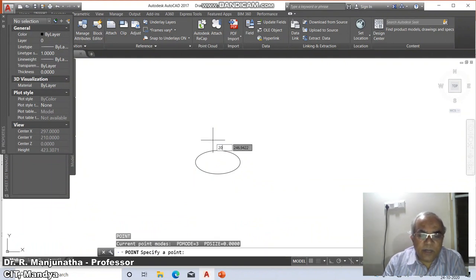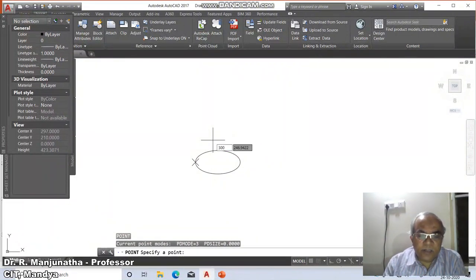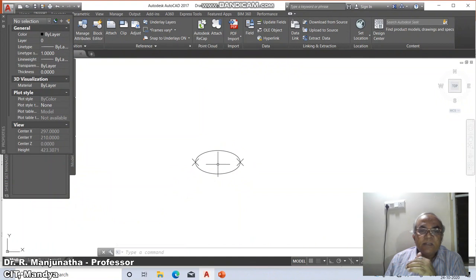Now, if I consider this as the first point, I will say point 200, 200. So this is the first point, and I will give the other point as 300, 200. So this is going to become the major axis. If I give a value less than this 100, then it is going to become the other axis distance from the center.